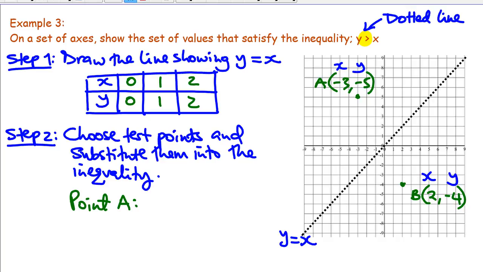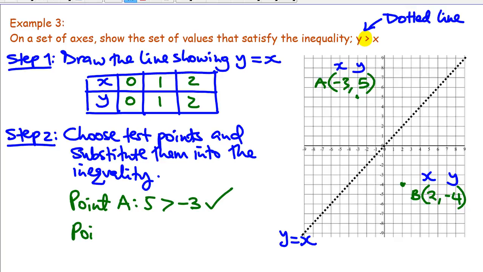So if I plug point A into the inequality, I'll end up with, actually this is 5, sorry, missed that. So I'll end up with 5 is greater than negative 3, which makes sense because 5 is greater than negative 3.